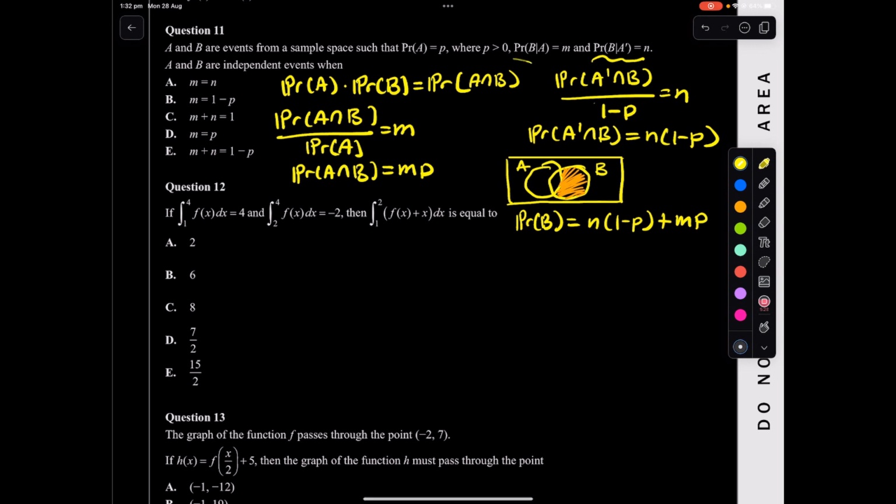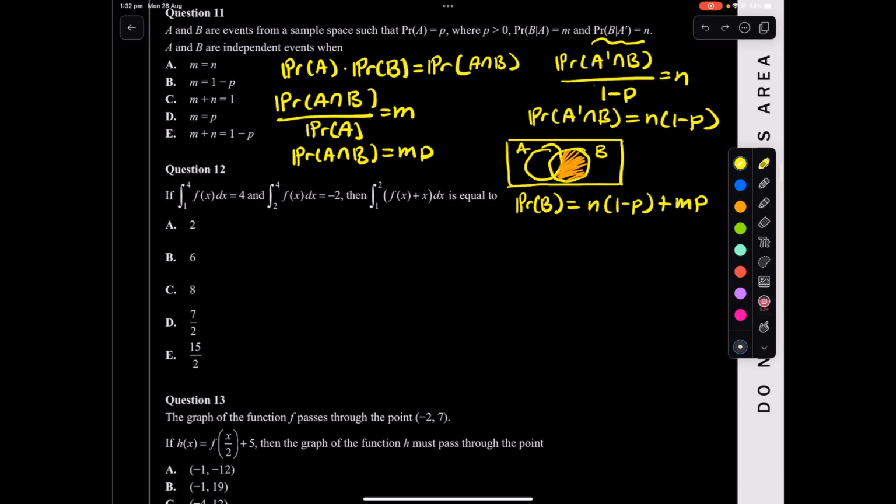Now, putting this all in this expression, we should find some expression that should help us. So, probability of A times probability of B... No, sorry.